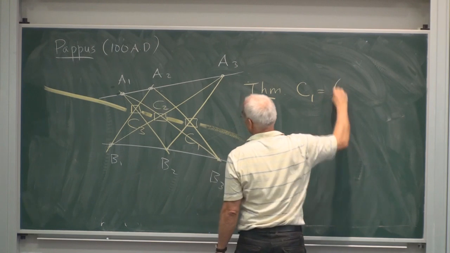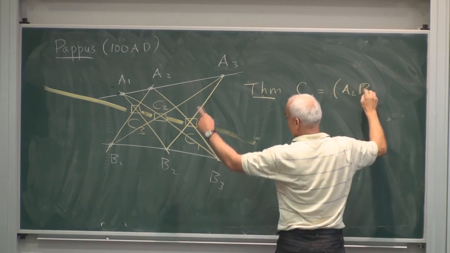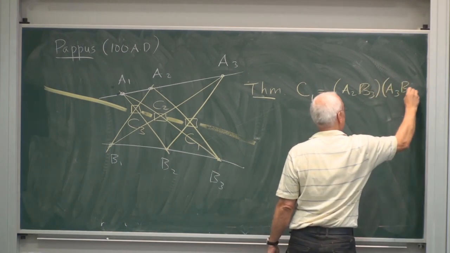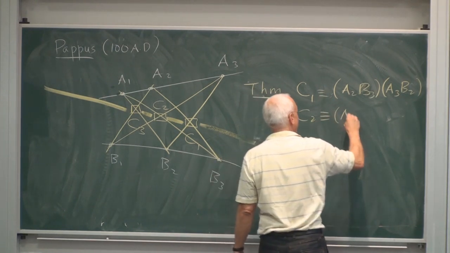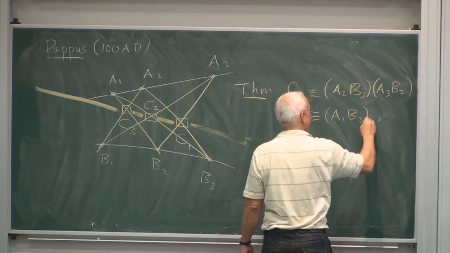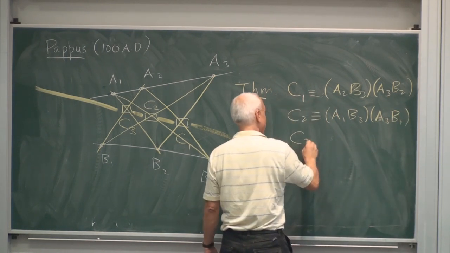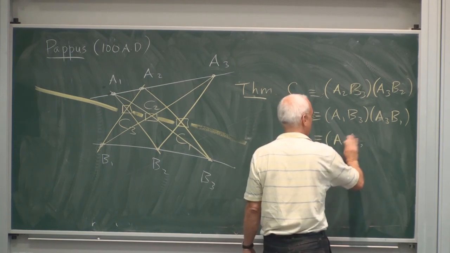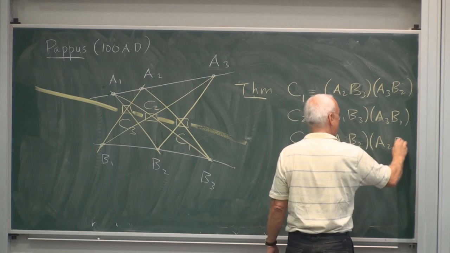So C1 is the intersection of A2, B3 with A3, B2. And C2 is A1, B3 and A3, B1. And C3 is, say, A1, B2 and A2, B1.